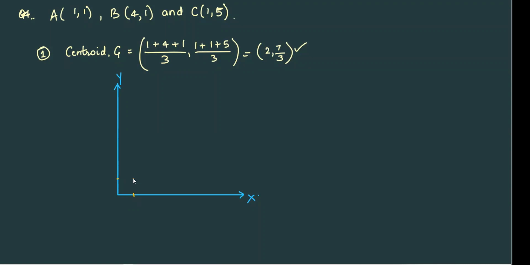This point is (1,1), and this point is (4,1), B. This is the third point, C is (1,5). So this is A, this is B, and this is C. So this forms a triangle.